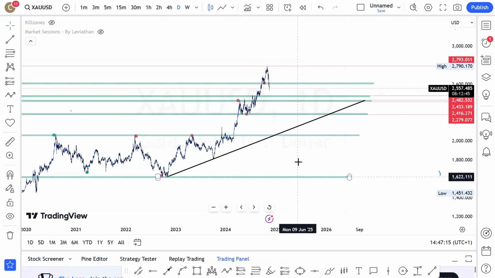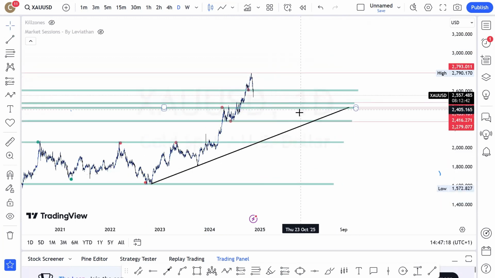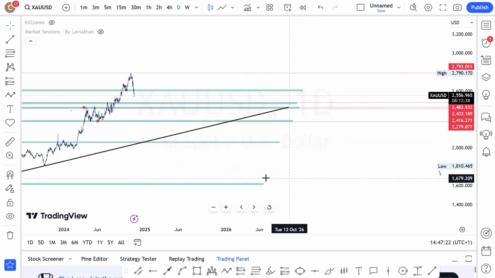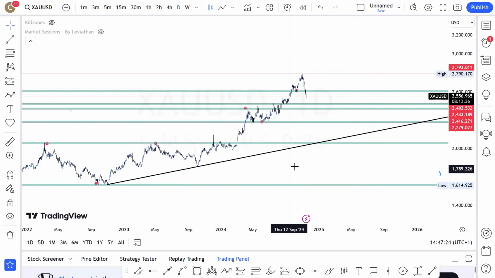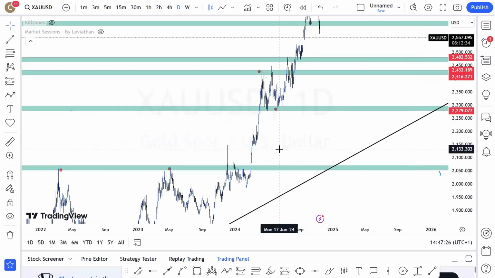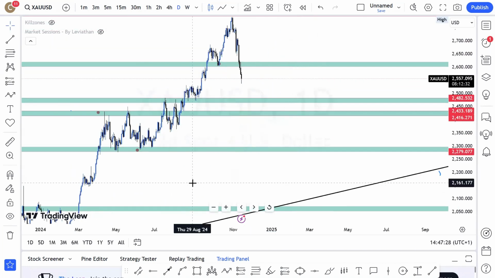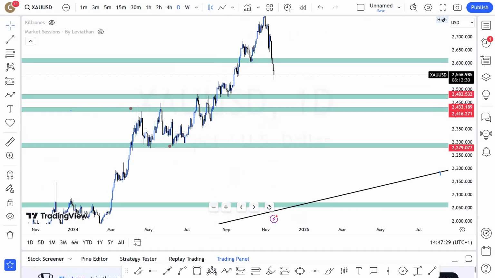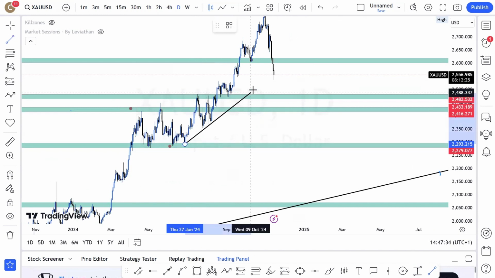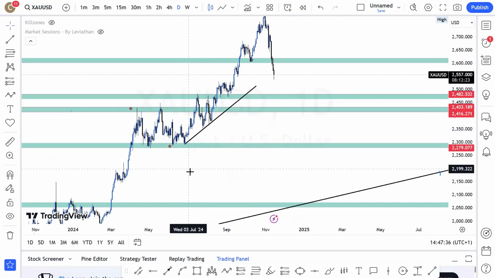So you expect that the correction may actually get to somewhere here, right? Comes to this. Now, if you're looking at the most immediate price delivery on this market, you're going to see that from here, the market entered a serious bullish zone.